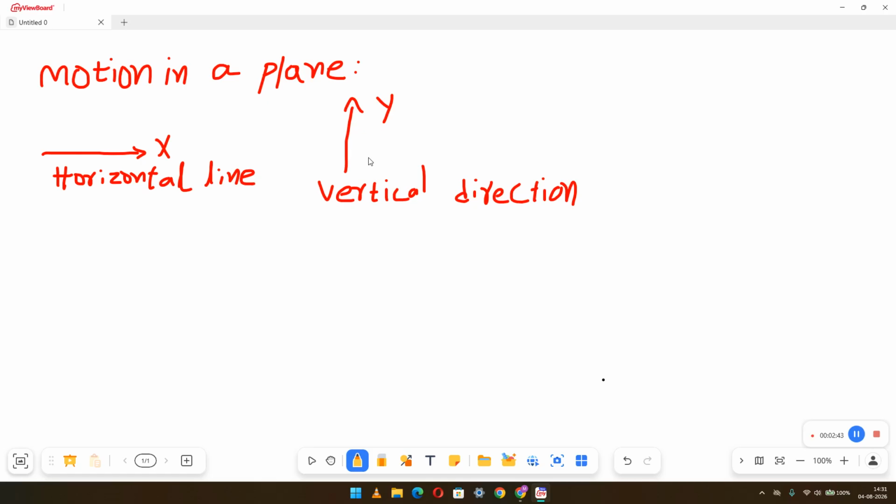A boy is climbing a wall. These are all examples of vertical direction. A stone is thrown vertically in upward direction.